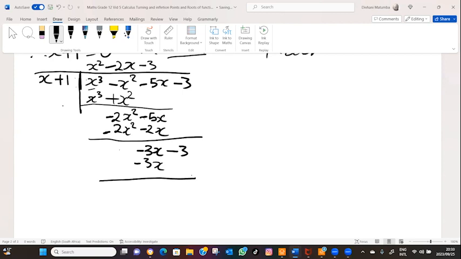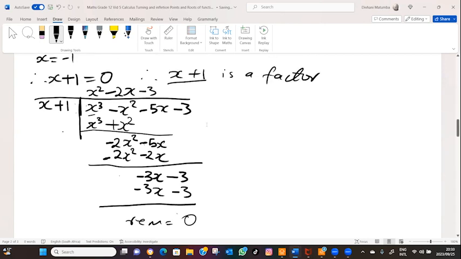Now, minus 3 times 1 will give us minus 3. 3x minus 3x is 0. Minus 3 minus 3, again 0. So the remainder is 0. Therefore, we have solved for another equation that will give us the roots.